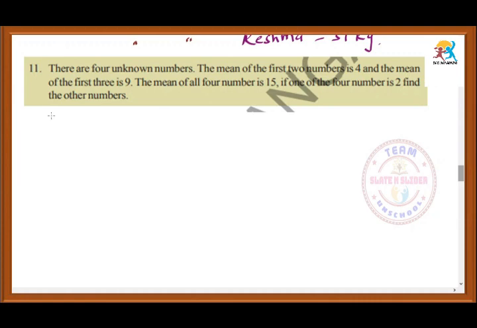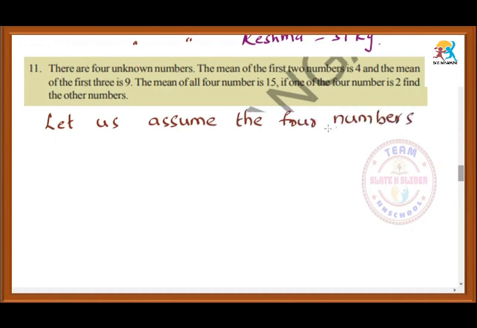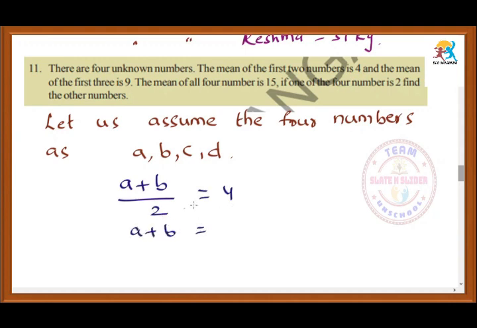So let us assume the 4 numbers as A, B, C, D. The mean of the first 2 numbers is (A plus B) by 2, and this mean is equal to 4. So A plus B is equal to 2 into 4. The next step, write A plus B is equal to 8.